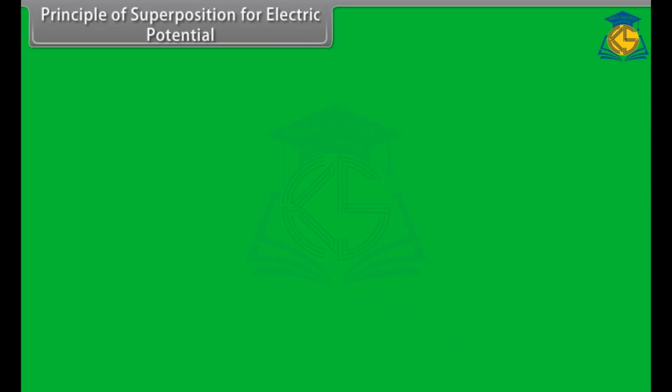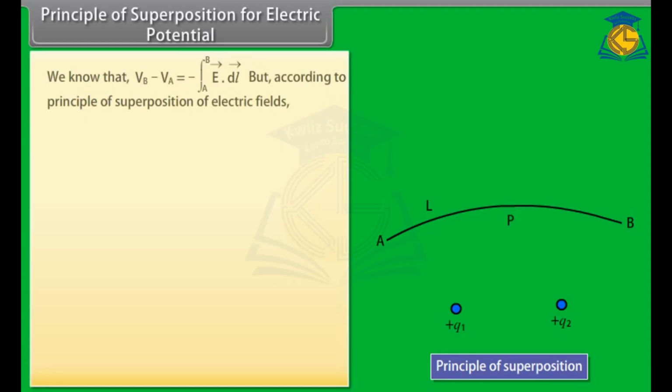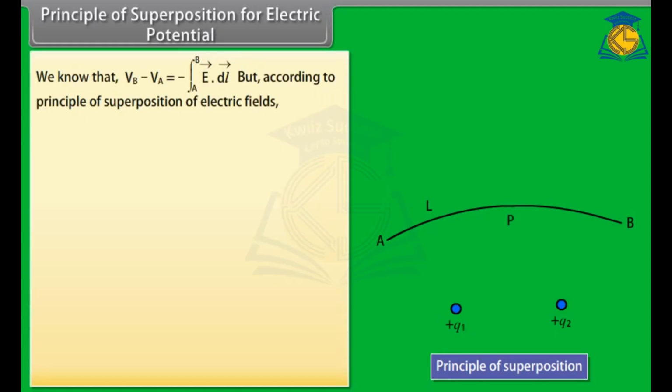Principle of superposition for electric potential. Let us consider 2 point charges plus Q1 and plus Q2. Take any 2 points A and B in the combined electrostatic field of 2 charges Q1 and Q2. Choose a curve L between A and B. We know that VB minus VA is equal to minus integration from A to B of E vector dot dl vector.